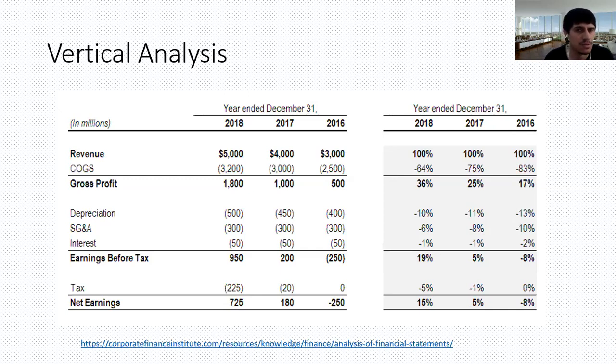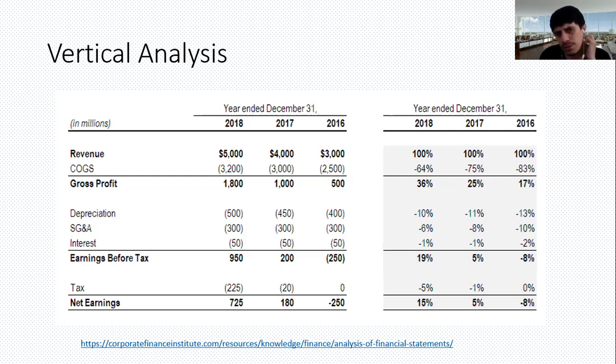We also had $3,200,000,000 in cost of goods, which made our gross profit $1,800,000,000. We had some depreciation, which means we had some outdated facilities that we had to take care of, and we spent finances to renew some of them, which cost us $500 million.